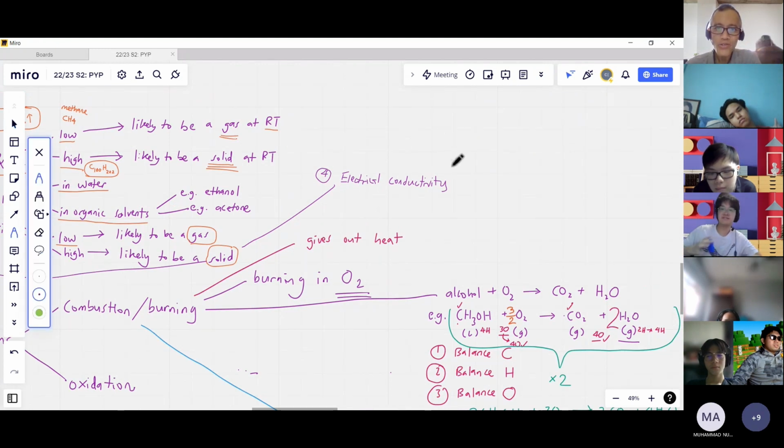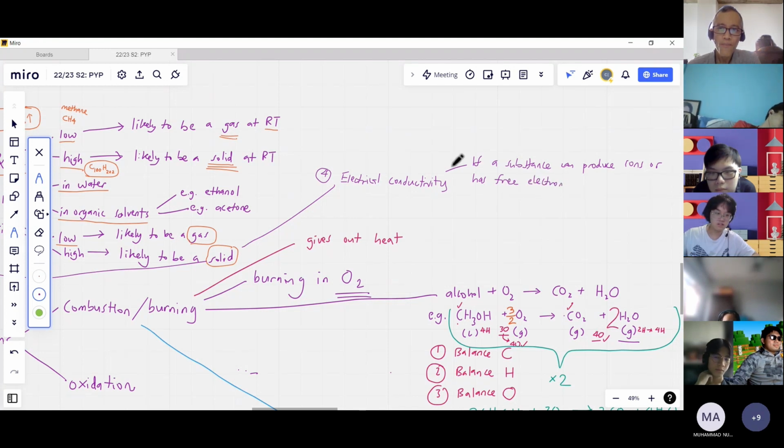Applying them may not be so easy, but the rules are still quite simple. So if a substance can produce ions or has free electrons, then that substance can conduct electricity.